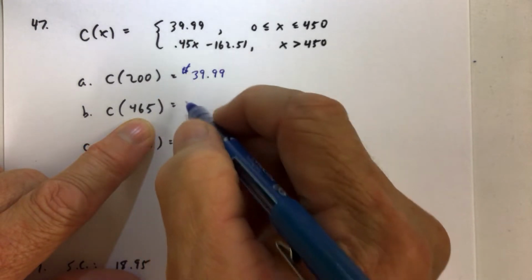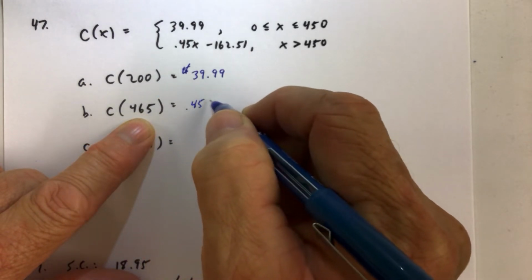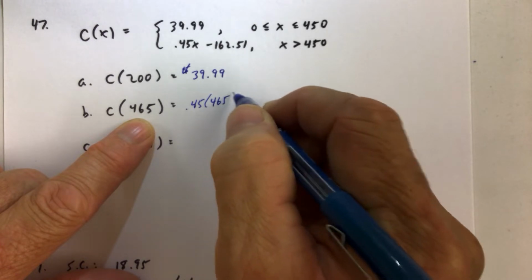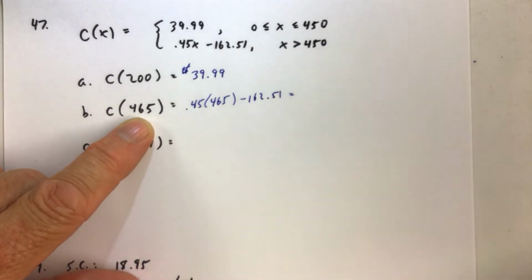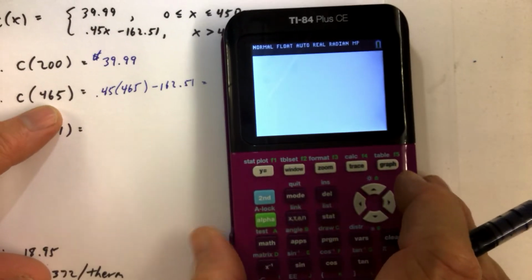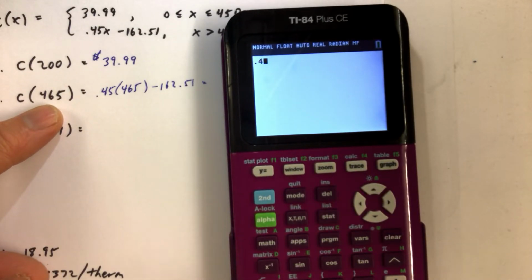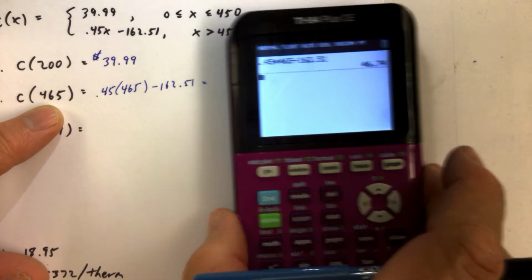It would be 0.45 times 465 and then minus 162.51, and we can just use a calculator for these kinds of problems. So we have $46.74.